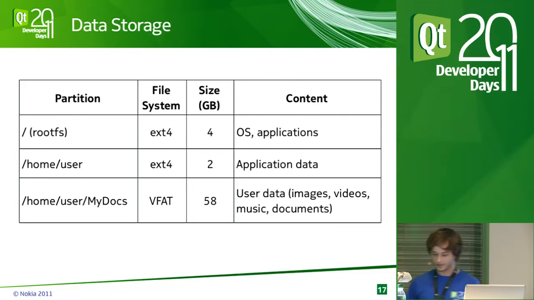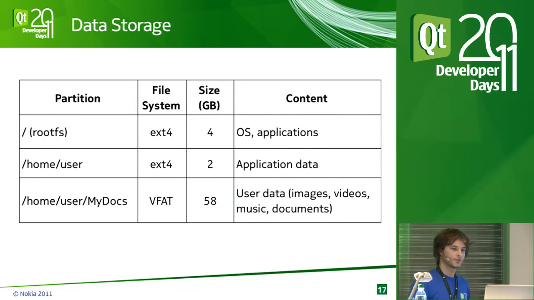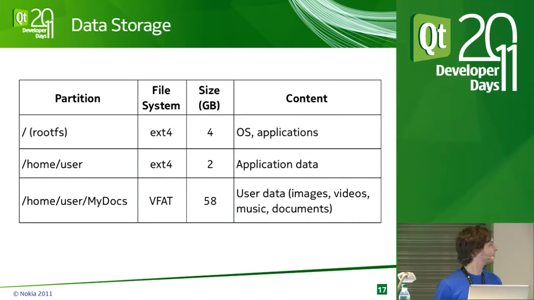But the important thing to know is that if your application has a lot of data, like typically images, videos, or music, you should pay really close attention to put it on that partition, because if you don't, you're going to fill up either the application memory or the settings memory, and that is bad. And actually, if you submit your application to the store, it will probably be rejected if you put the files in the wrong place.